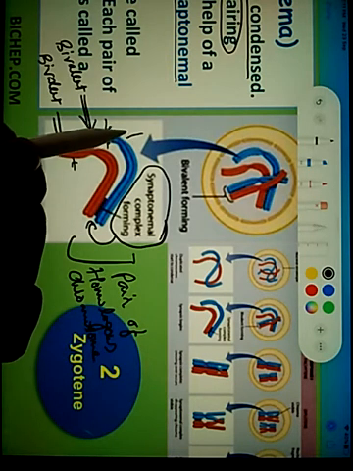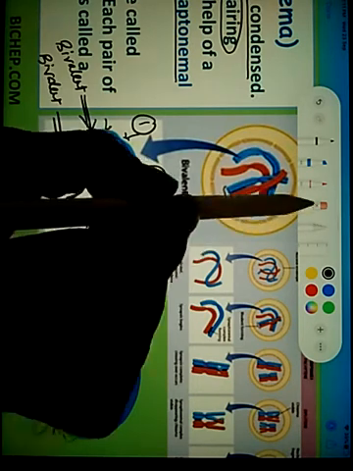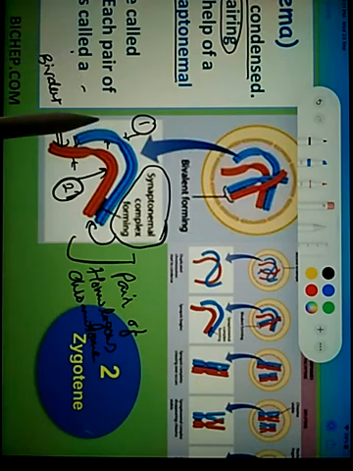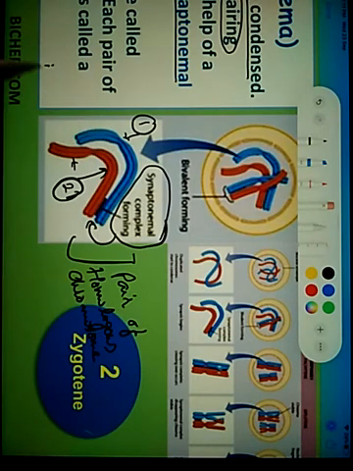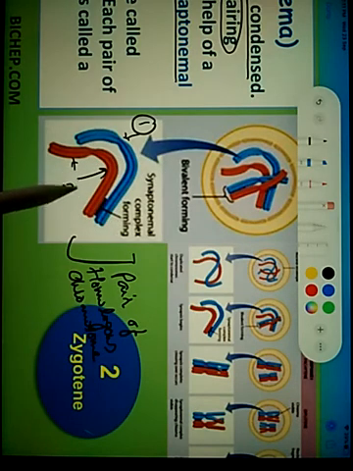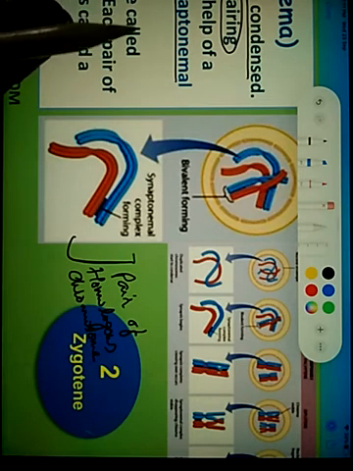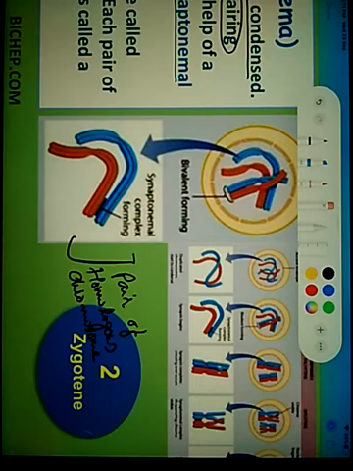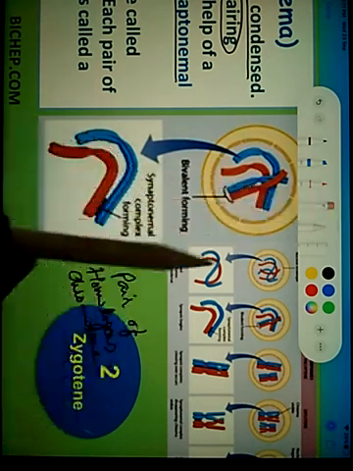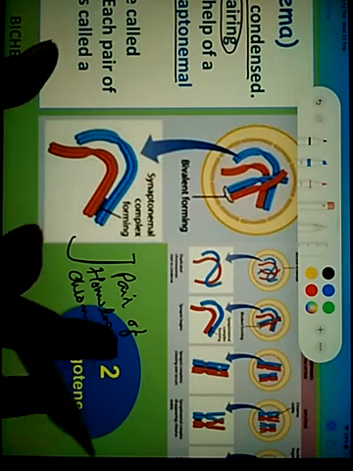So this is homologous chromosome number 1 and this is number 2, and both are bivalent, getting together and joining with the synaptonemal complex, right? And that is how chromosome number 1, 2, 3, 4, up to 23 pairs of chromosomes form different pairs of homologous chromosomes in our cell when dividing by the meiosis process. That's what you are supposed to remember.